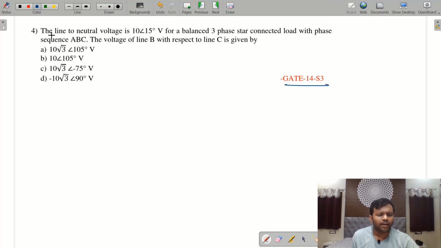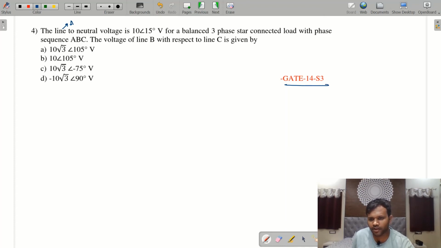What they were asking: the line A to neutral voltage is 15 at an angle of 15 degrees for a balanced three phase star connected load, with a phase sequence ABC. Then what is the line voltage between line B and C?